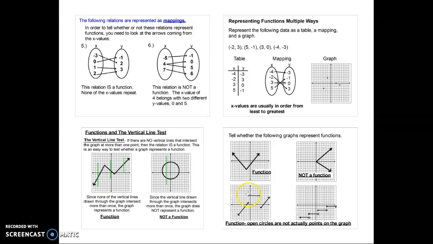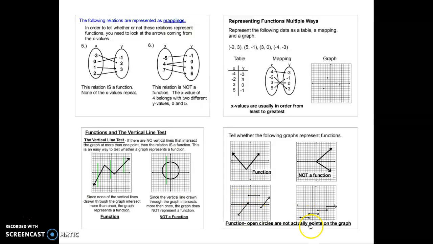This is a point, but when I cross here, it is not an actual point on my graph since it's an open circle. So that counts as only crossing once. Same thing, when I draw a line here, it's only going to cross at that 1 point. Same thing for right next to it, it's only going to cross at 1 point. So this is a function.